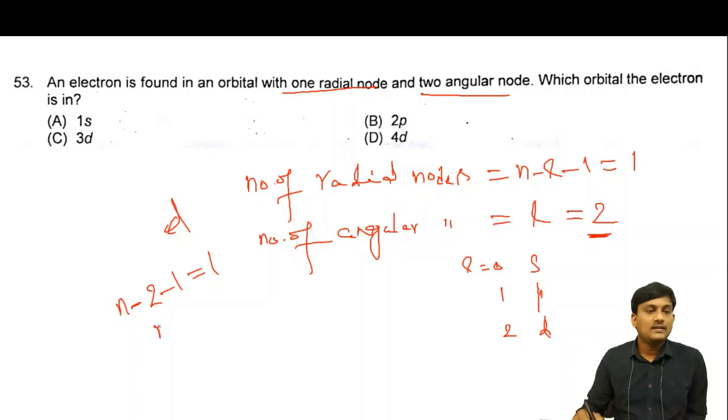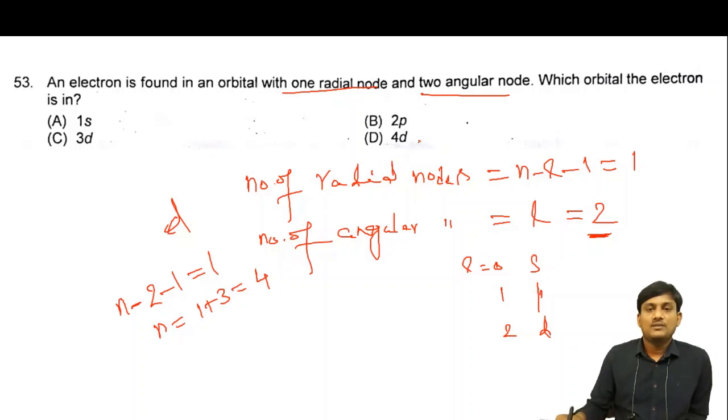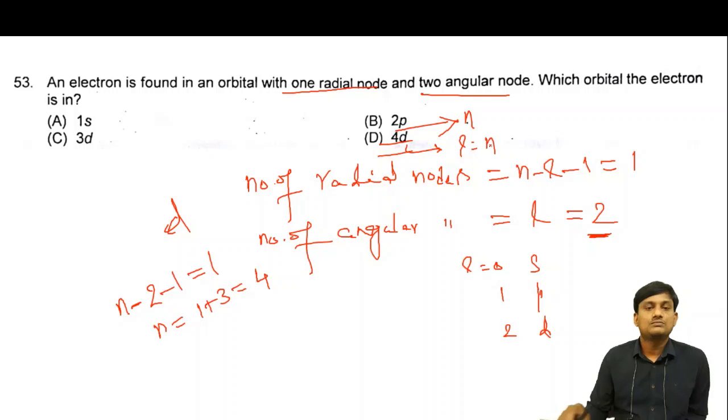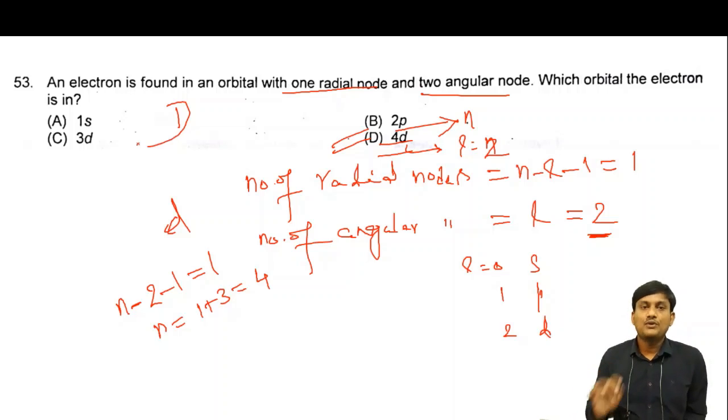So n is equal to 1 plus 3, which is 4. So n is equal to 4. Then the orbital should be 4d, where 4 indicates the n value and d indicates L is equal to 2. So D is the answer. It's a 4d orbital.